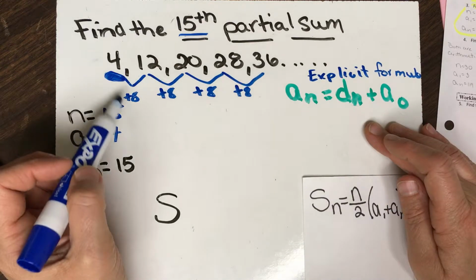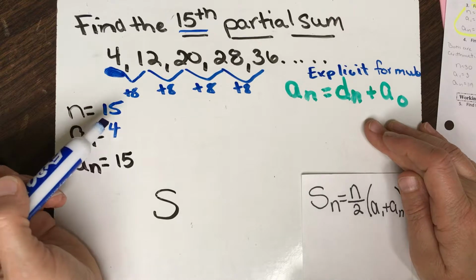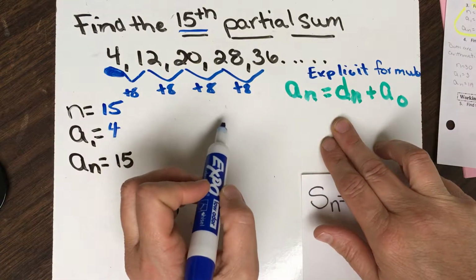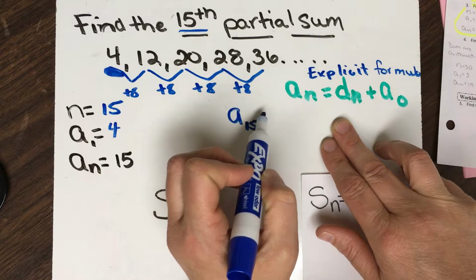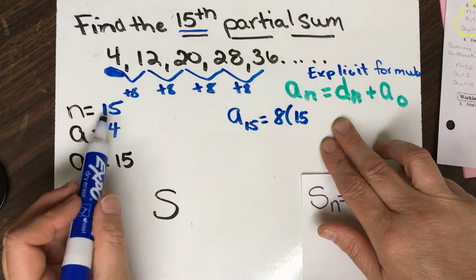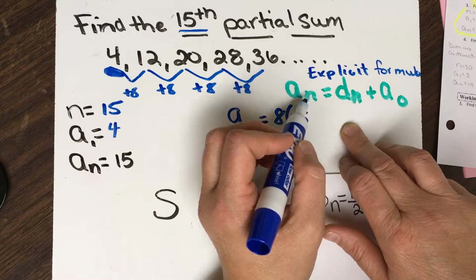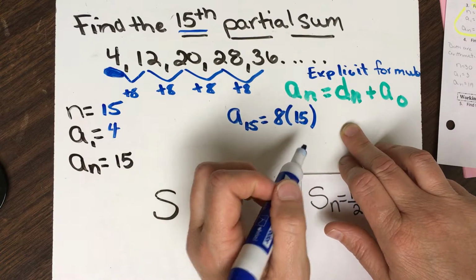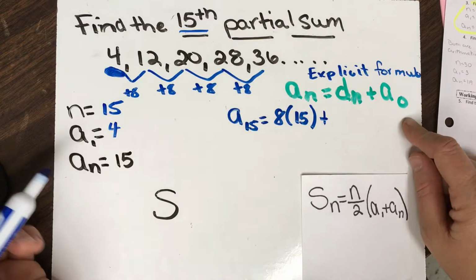So what do we know? We know that between each one of these, we're adding 8. So to fill out our explicit formula, we'd have A, and this is 15, 8, 15, we're getting that from here. And we need to start out with A sub 0.